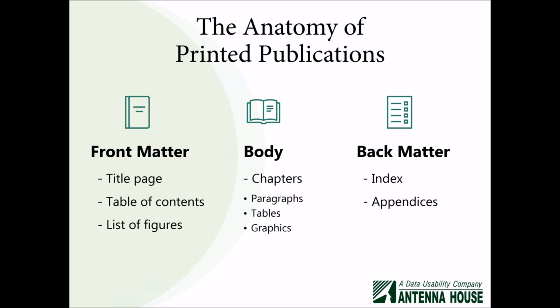And then the back matter in the form of the index, appendices, and trying to automate producing all that from structured content, again, is a very complex, very challenging task.